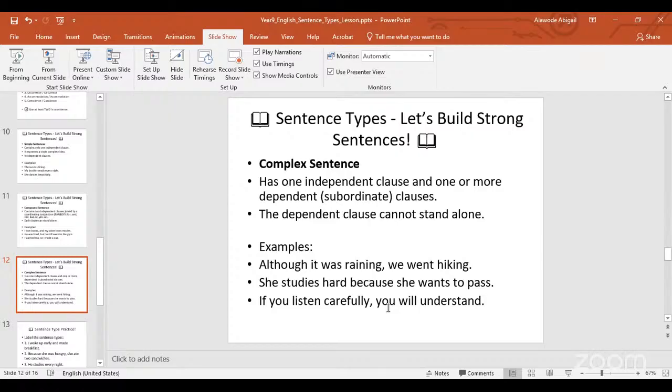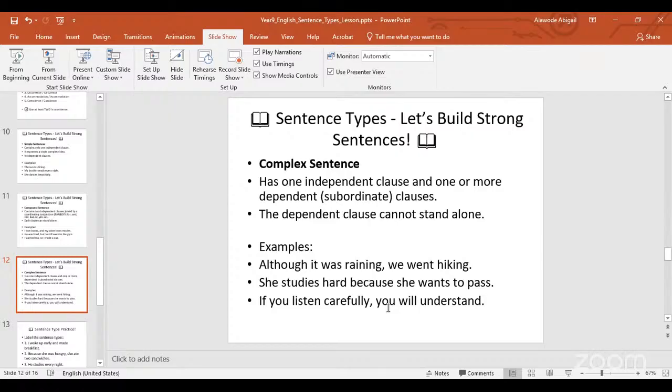But the "if" already makes it conditional. So every time I say "if you listen," "if you do this," someone expects me to add something to make it make sense. So "if you listen carefully" is the dependent clause. "You will understand" is the independent clause.